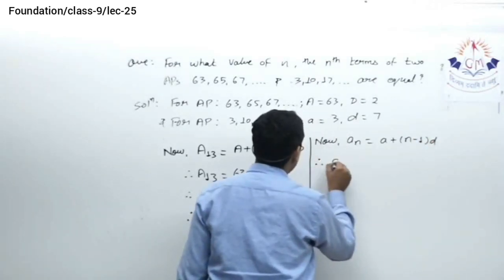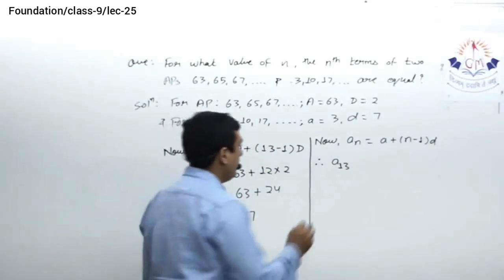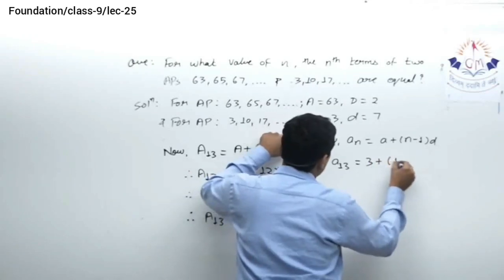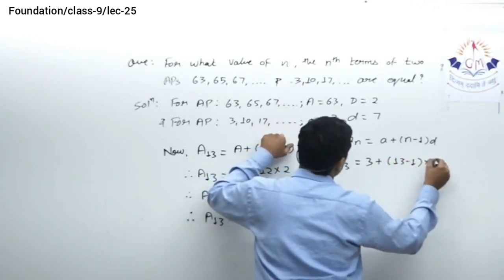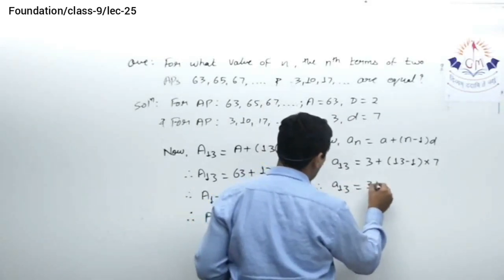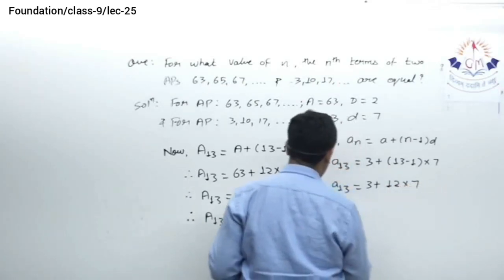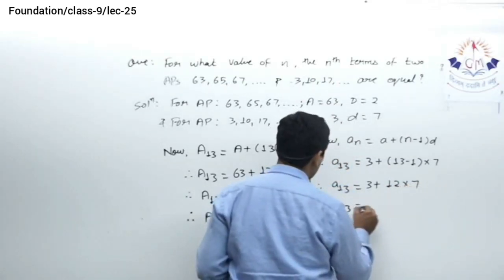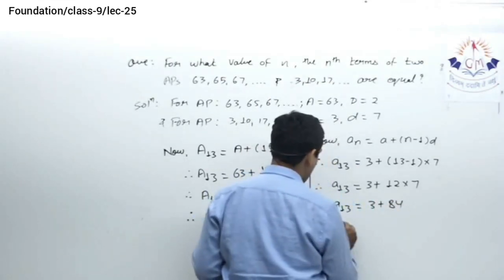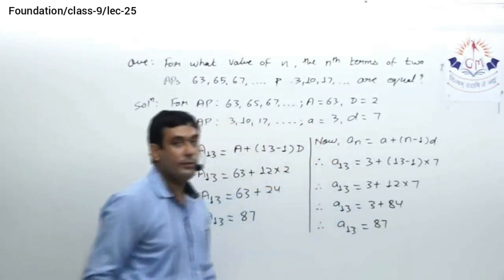Therefore, now we have to find the 13th term. So A13 is equal to, small a is 3, plus n is 13 minus 1, into d is 7. So A13 is equal to 3 plus, 13 minus 1 is 12, into 7. Yes, we can see their 13th terms are exactly the same.